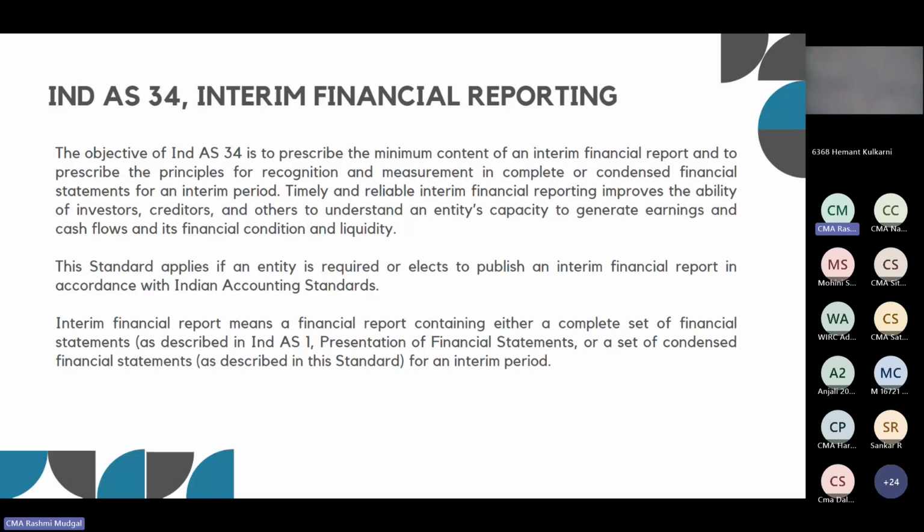What is a condensed financial statement? We are not giving you every detail, not in-depth detail, but heading-wise figures.